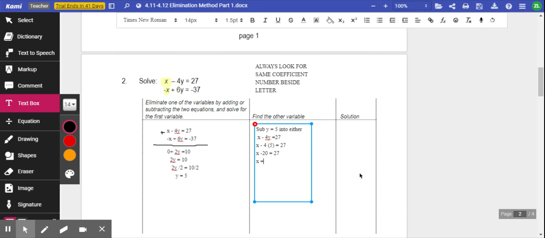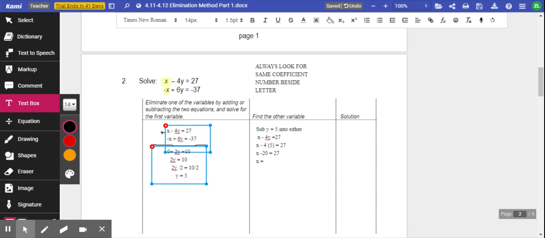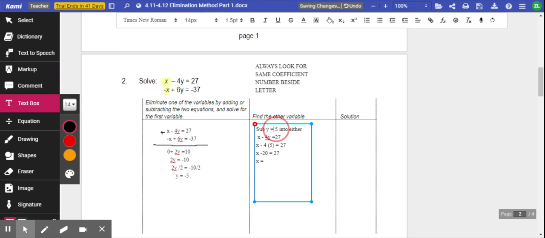X is then equal to, if we move it to the other side, right? Oh, I apologize. On this side here, 27 minus 37 is negative 10. So it'll be negative 5. I am sorry about that. So if we sub in negative 5 into here, we actually are going to get positive 20.